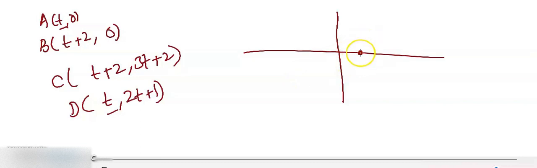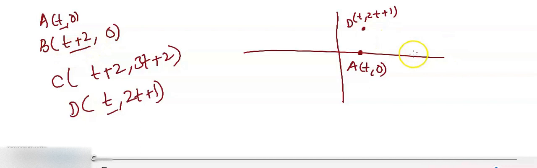Then point A is (t, 0) and D is going to be t with y coordinate 2t plus 1. Then we have points B and C whose x coordinates are the same, t plus 2. Let's say B is over here, which is (t plus 2, 0).